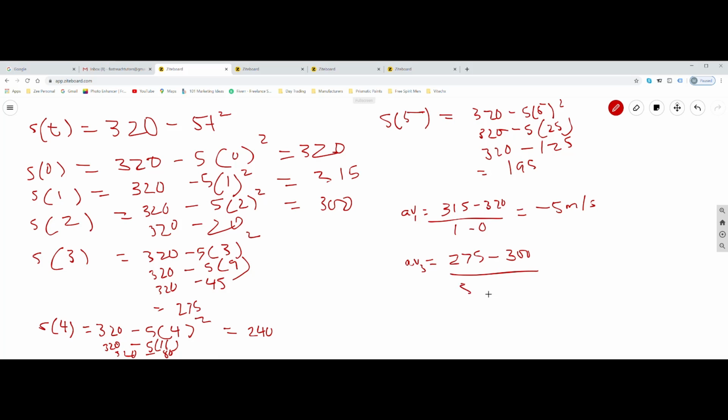This is 3, this is 2. You're left with 1, and you're left with negative 25 meters per second.